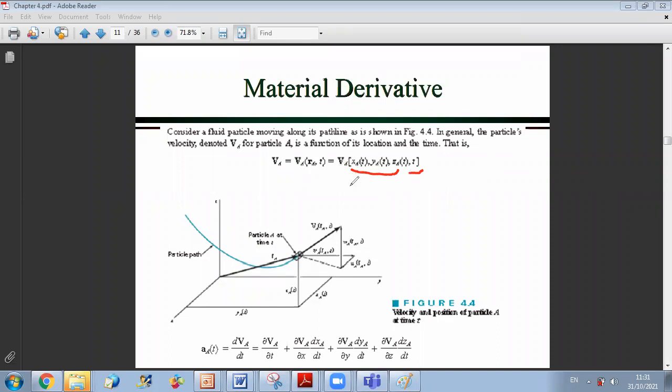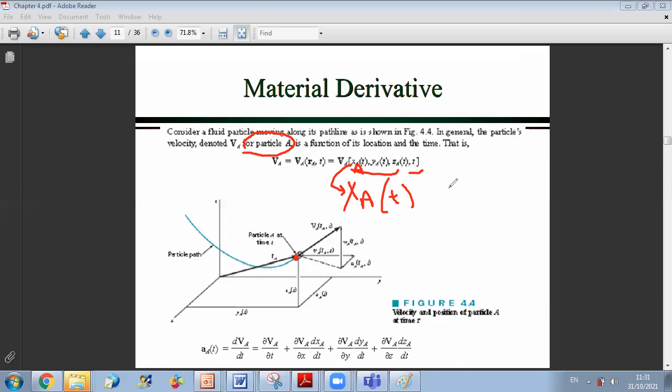Here, they put x_A as a function of t, y_A as a function of t, z_A as a function of t, because A is considered as a particle. So whenever the x coordinate is referred to the particle, as I follow the particle, of course, x will vary with time. So because they mentioned x at A, we are considering here the position of a particle, then we can put x_A function of time, y_A function of time, z_A function of time.